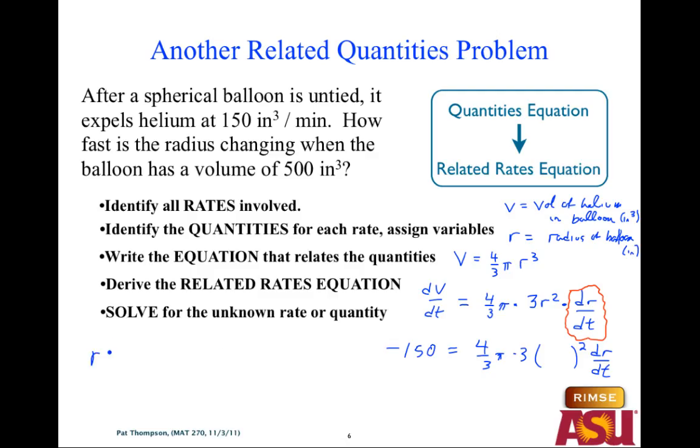That radius is going to be the cube root of 500 times 3 over 4 pi. Did I do the math right? Someone's got a GC or a calculator open. Let's get a good approximation for that.